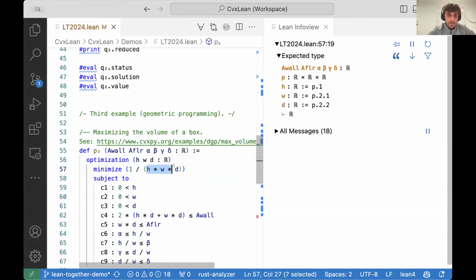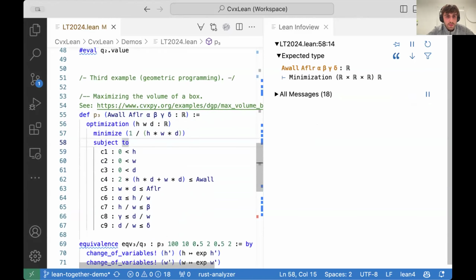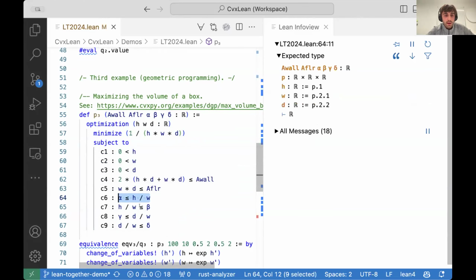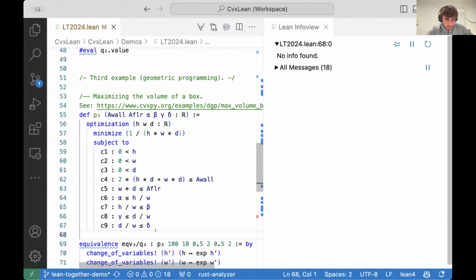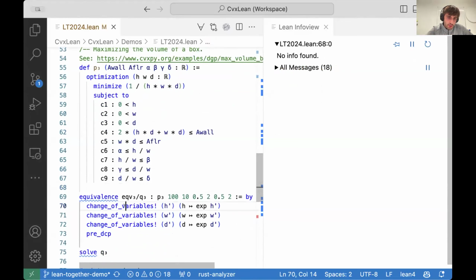You have these optimization variables, height, width, depth, and you have some constraints on the total area of the walls, the area of the floor, and some constraints on the ratios between height and width, and depth and width. This problem is not convex because we have these multiplications, these non-linearities, which we cannot solve directly. But a common trick is to do a change of variables.